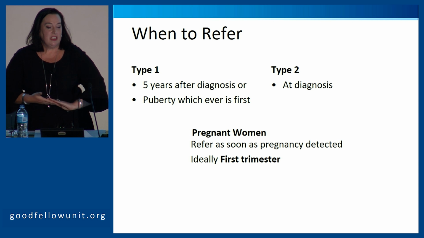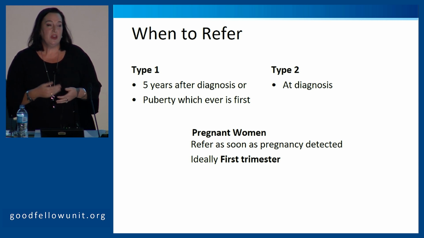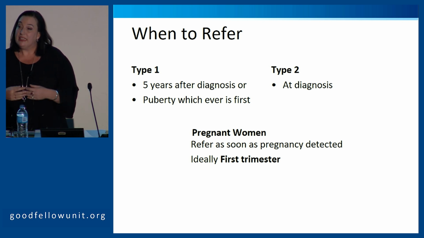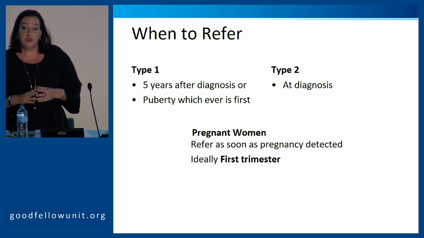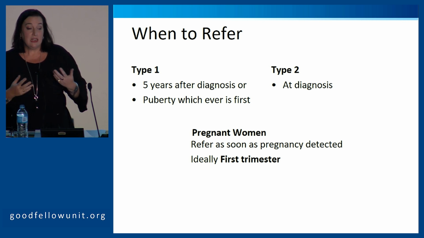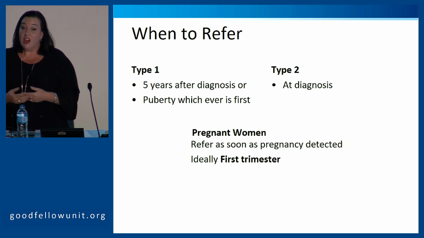So, we've touched on this already today. Type 2s, please refer at diagnosis or as soon as you can after. And please, please, please have a discussion with your patient about the fact that you're referring to the eye department or the eye service or retinal screening, whatever you call it in your area. Many patients will receive an invite.